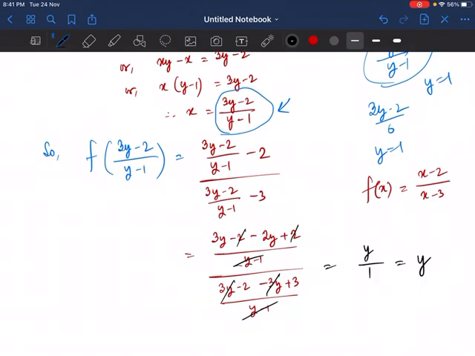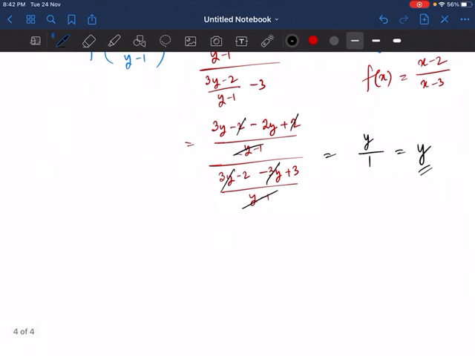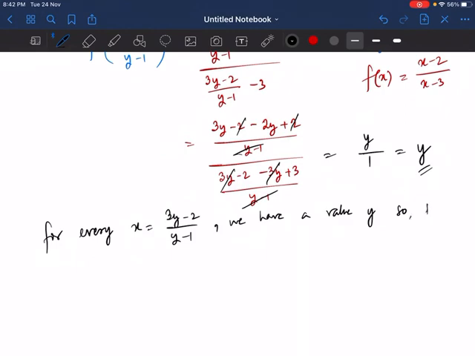So we can say that for every x equal to (3y minus 2) divided by (y minus 1), we have a value y. So the function is onto.